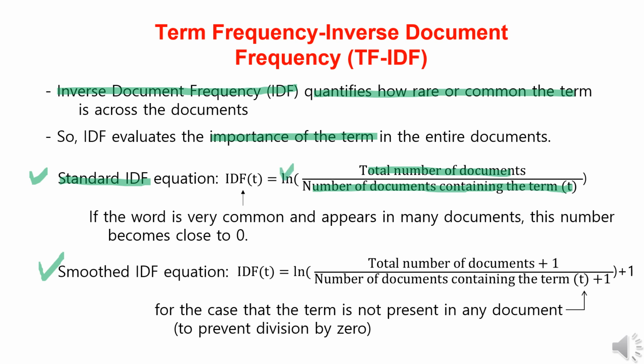If the word appears in many documents, the ratio becomes close to 1, and the logarithm ultimately results in 0. Secondly, the smoothed IDF method, as shown here, involves adding 1 to the calculation. This is done to prevent division by 0 when a word is not found in any document.